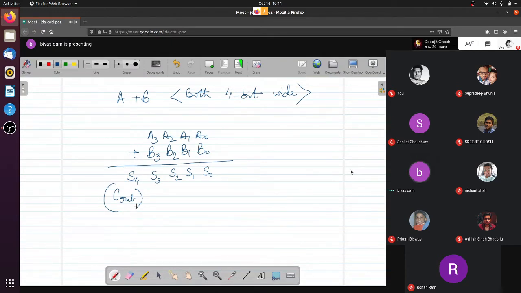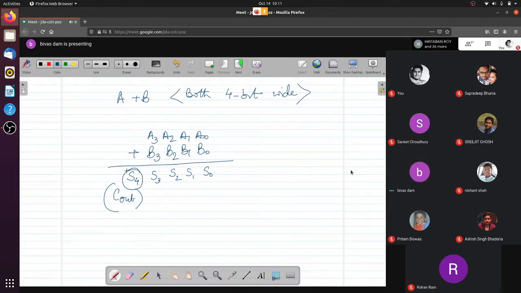C out is nothing but the carry out bit from the sum. This is that S4, the fifth bit. There may be some carry out, or there may not be. So there may or may not be the S4 value.